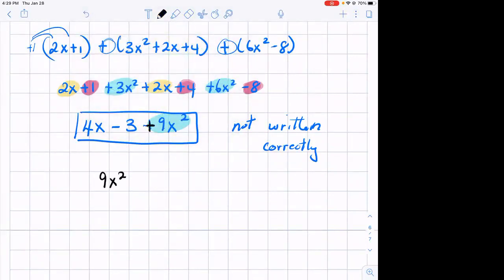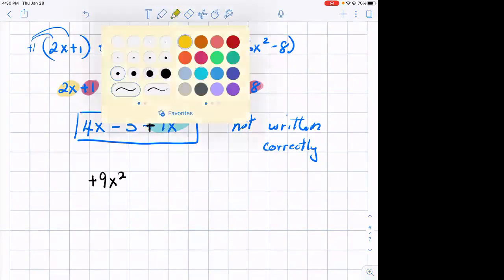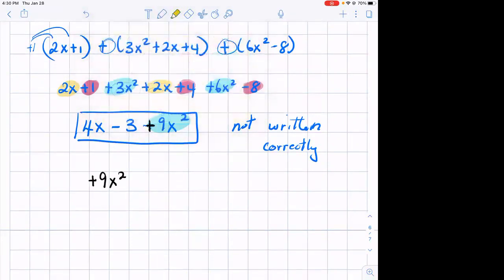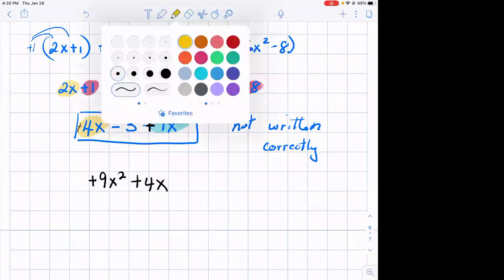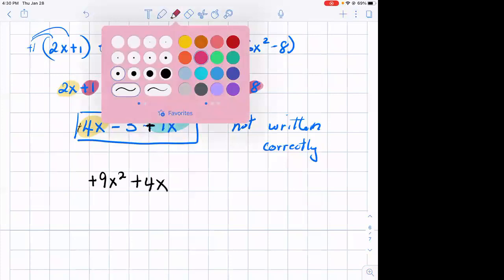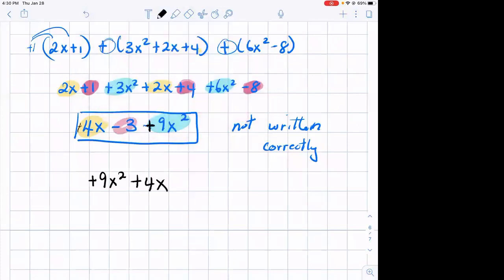Take the sign with it. Then the x term should be next, and don't forget, there's a plus sign there, so it becomes plus 4x. And then finally, we have the minus 3, which is here, so that becomes minus 3.